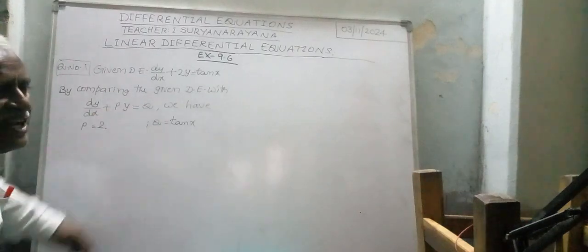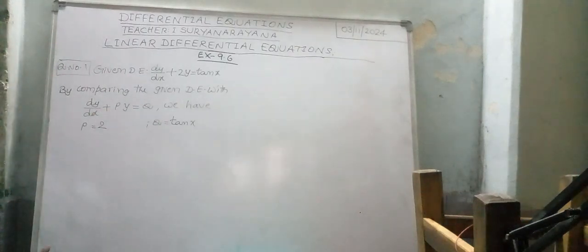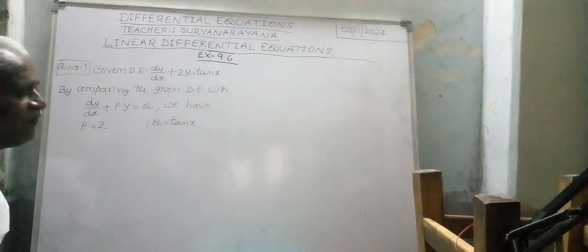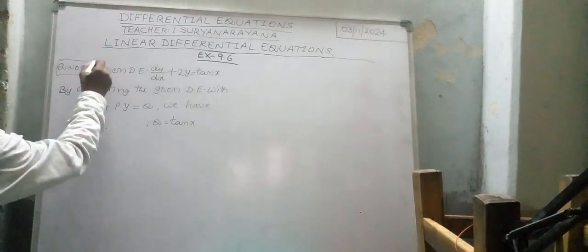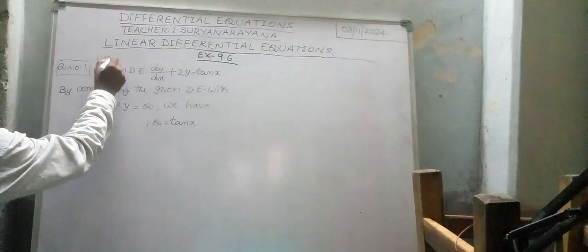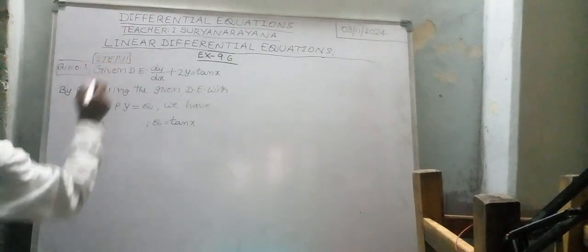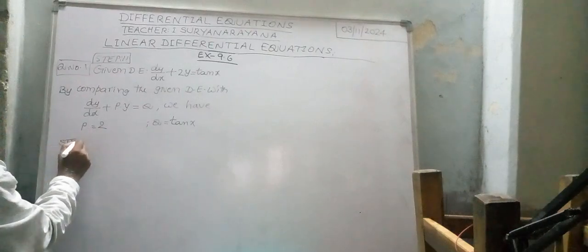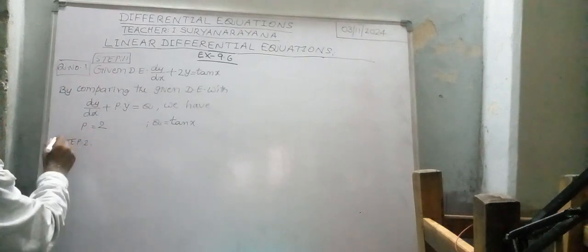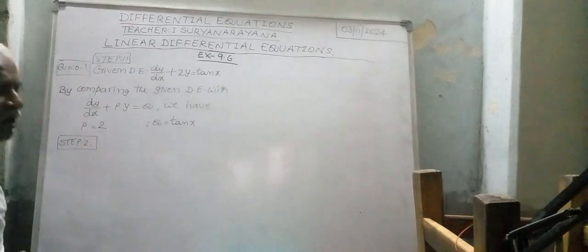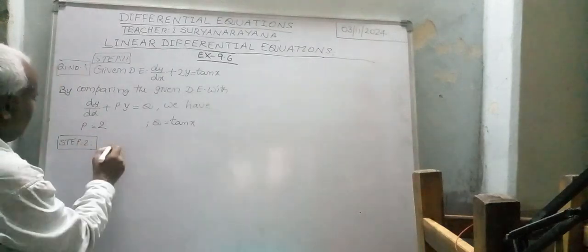Now we go to the second step. What is the second step? We have to find the integrating factor. This is step 1. Step 2. We have to find the integrating factor, IF.